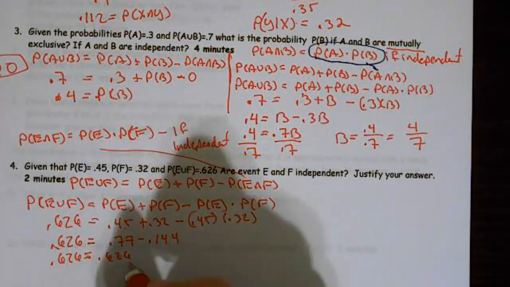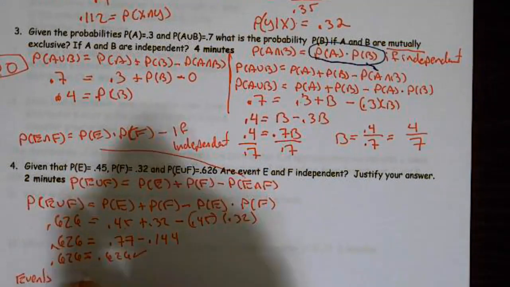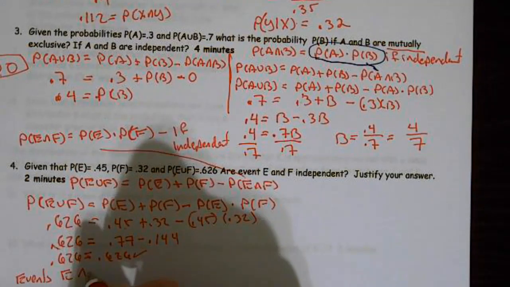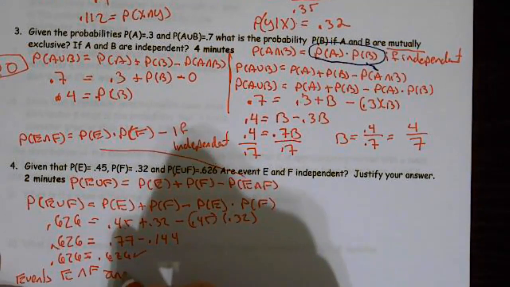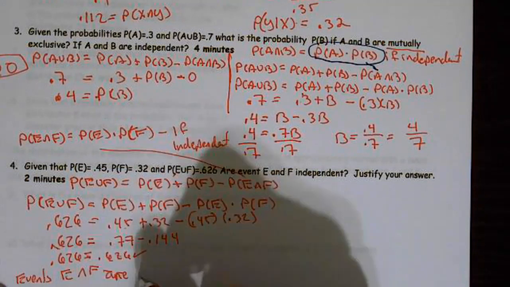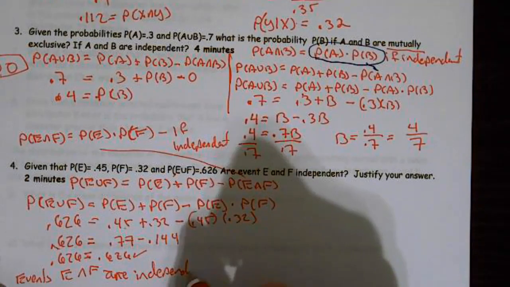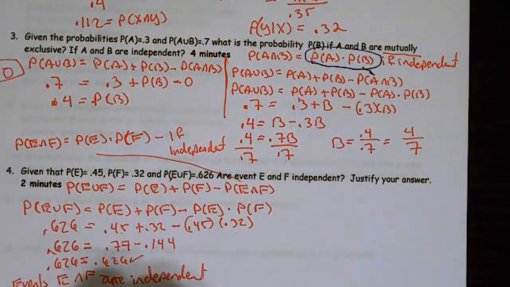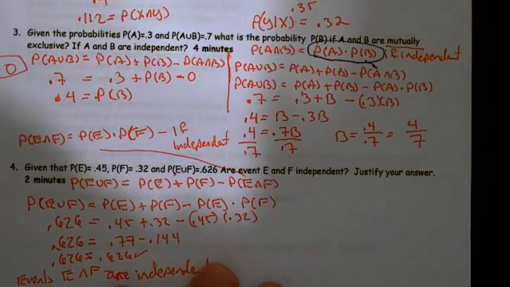And so because this is true, events E and F are independent. And by the way, I have to make the statement: events E and F are independent. Now, there's more than one way to approach this problem.